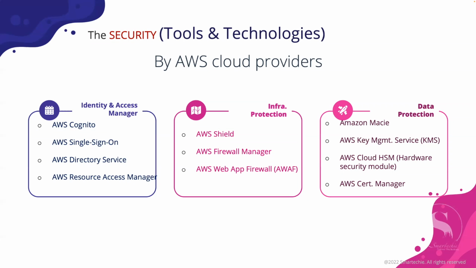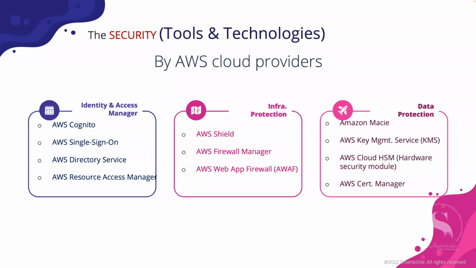And for data protection, there is Amazon Macie, Amazon Key Management Service, the KMS, and Amazon CloudHSM, which is related to the hardware security module. And the other one is the Certificate Manager. Those are the tools and services provided by one of the big players in the cloud game, AWS.